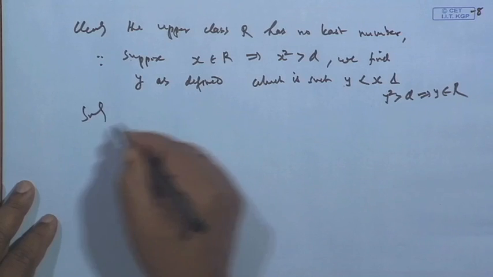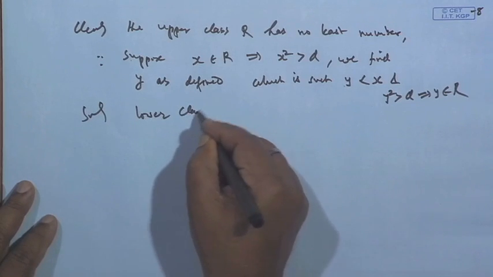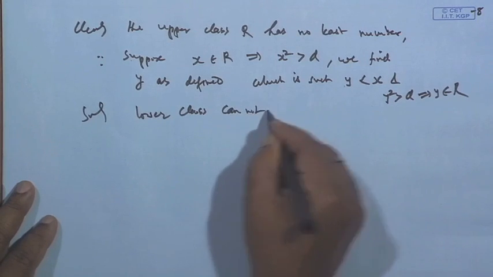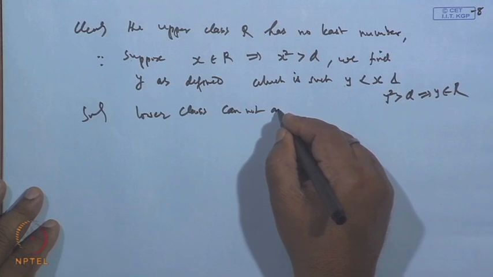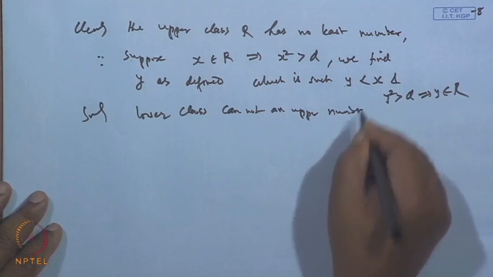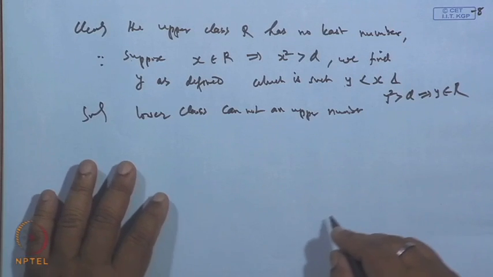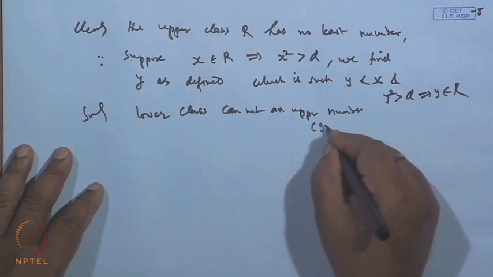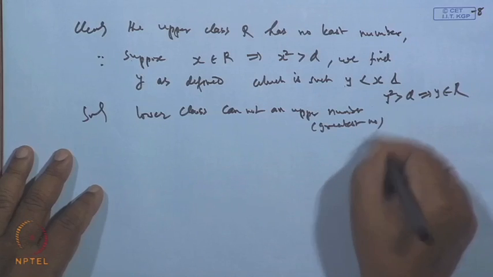Similarly, the lower class cannot have a largest number. Why?